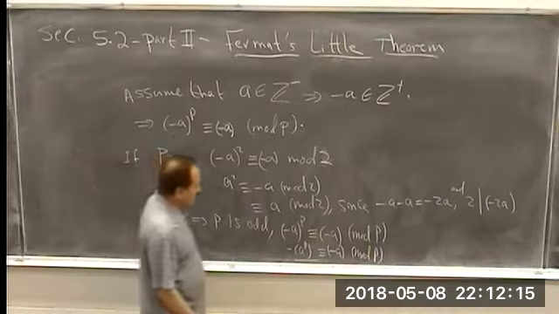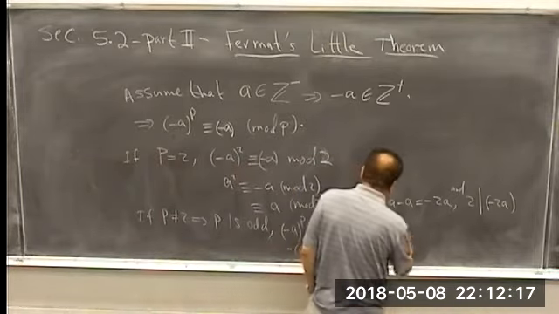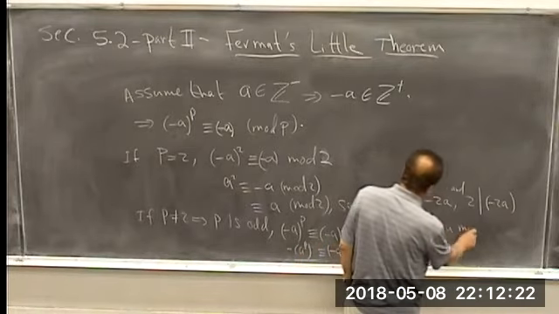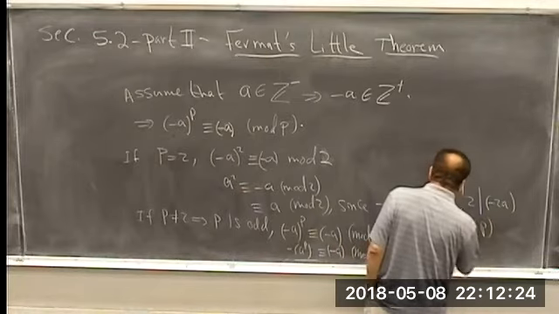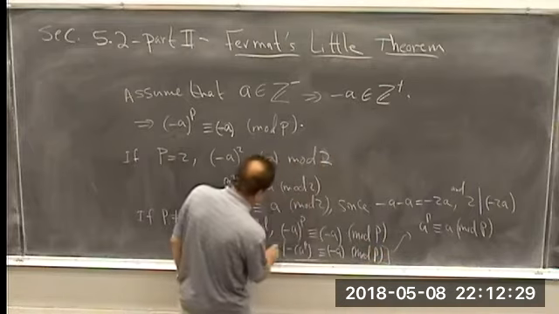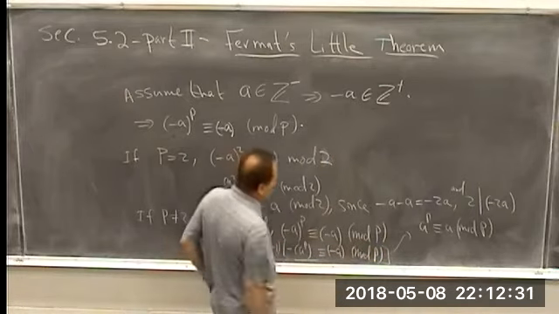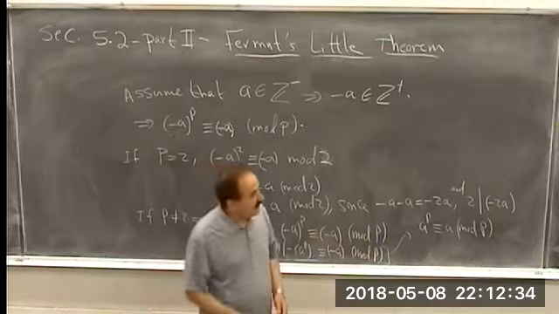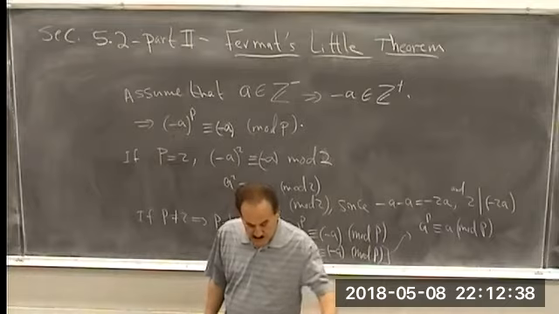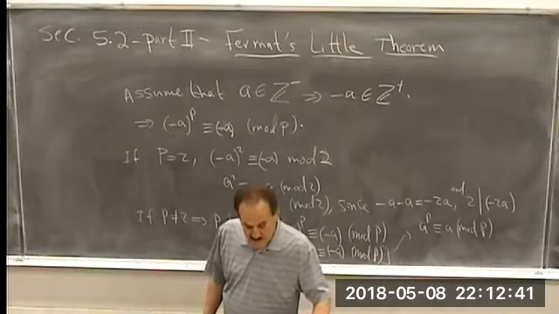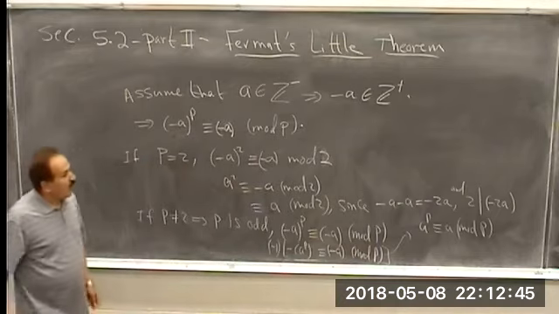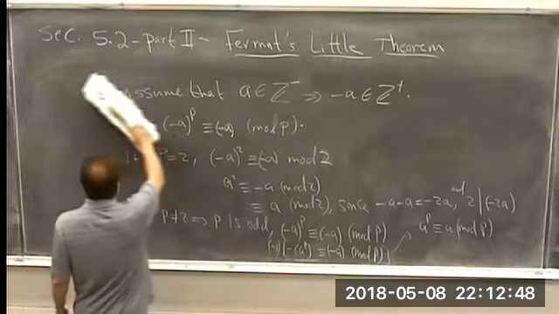So by properties of congruences, this implies that a to the p is congruent to a mod p. So you obtain this by multiplying this congruence by negative 1. All right, so this takes care of the proof using the binomial theorem.